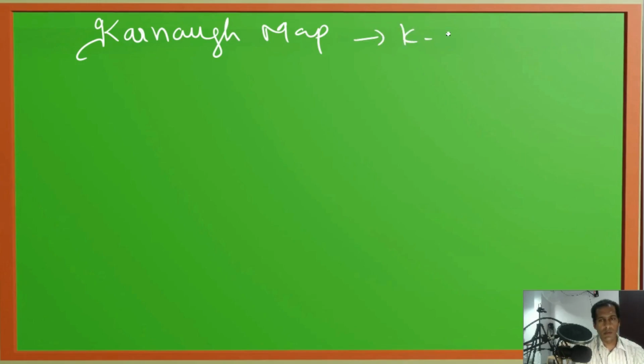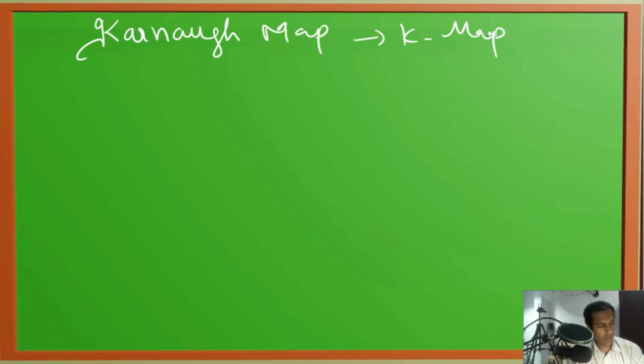So basically, if we want to define K-map, that is short form of Karnaugh map, it can be defined as a chart or a graph composed of an arrangement of adjacent cells, each representing a particular combination of variables in sum or product form.